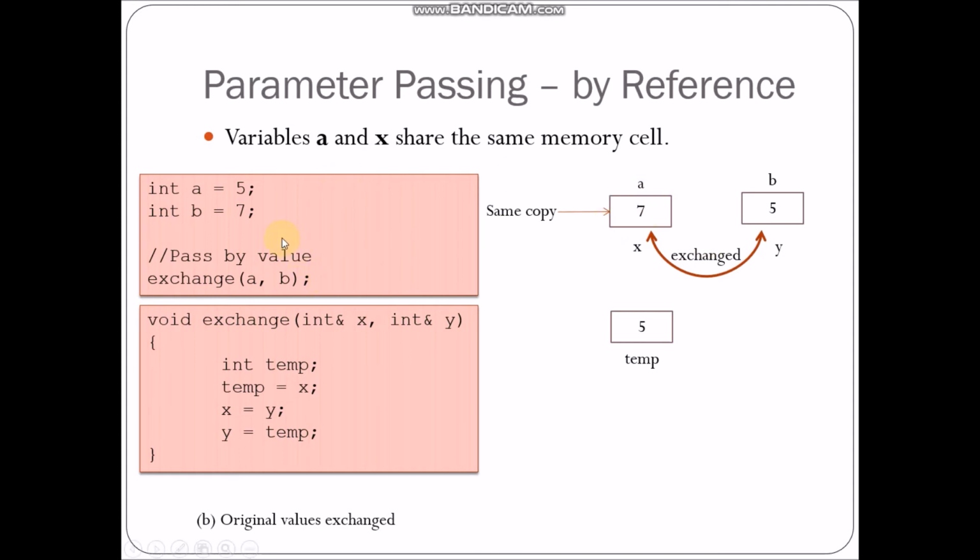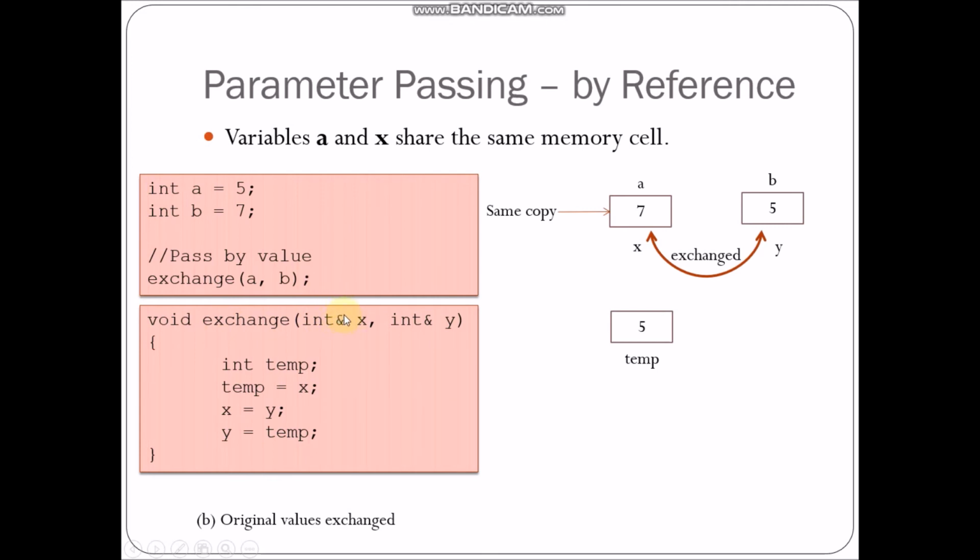So you will have the same structure as the previous coding, where you first need the main function that consists of the declaration and initialization of a and b. So first you declare a equals to 5 and b equals to 7. Then you will call the function exchange with a and also b. Then you will have the void function for the exchange with passing parameters by reference.